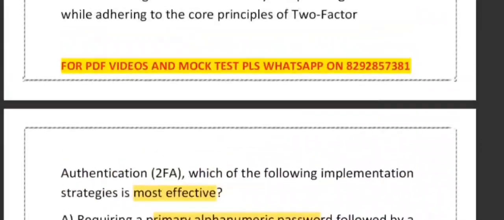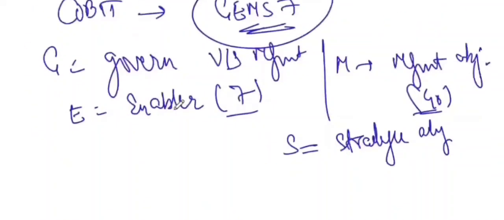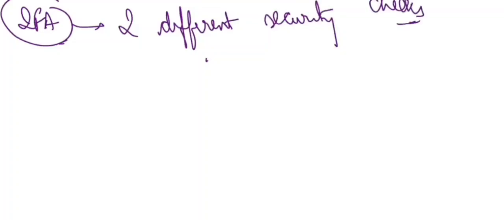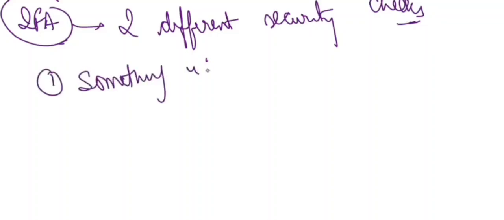Let's talk in detail about 2FA. 2FA means two-factor authentication. Basically, two-factor authentication means using two different types of security checks from different categories. The first category is something you know, like your password or your PIN.